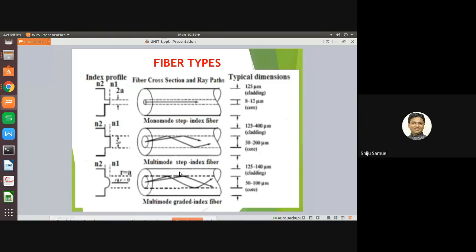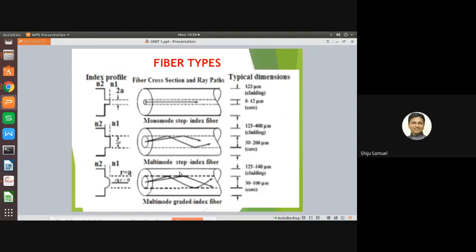Now what happened? Why we said this is the mono step index fiber? First we understand the definition of step index fiber. What is meant by step index fiber? In simple language, or in simple definition, we can say the optical fiber consisting of a core of constant refractive index n1.